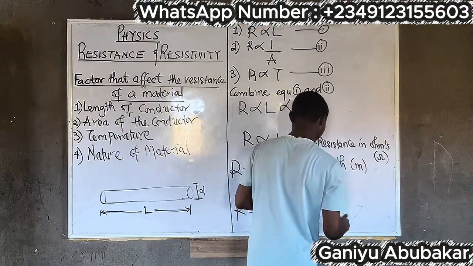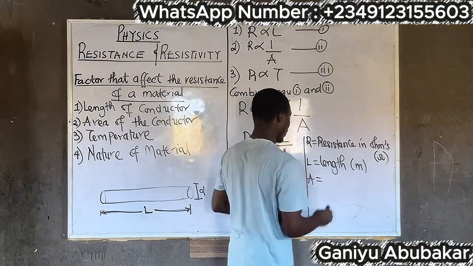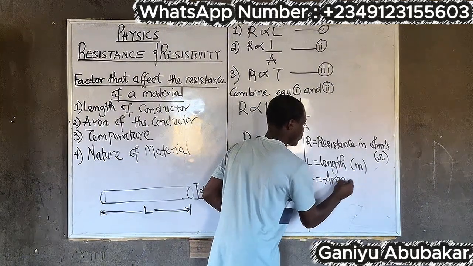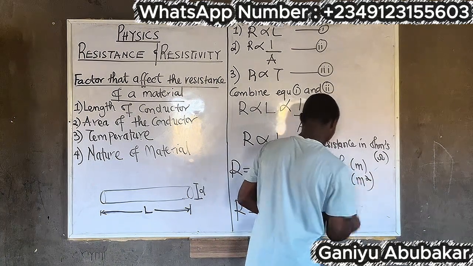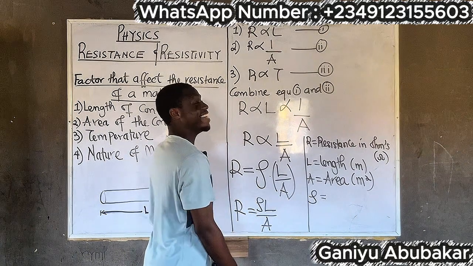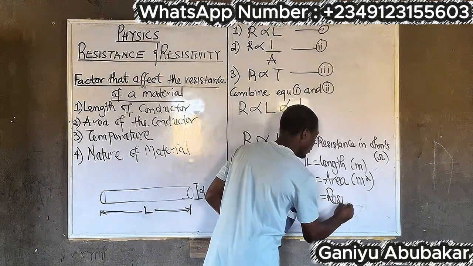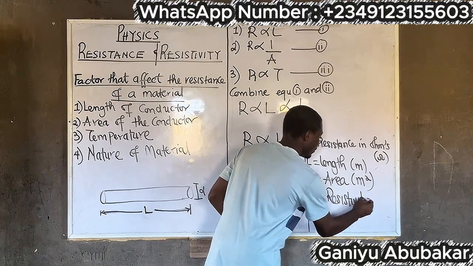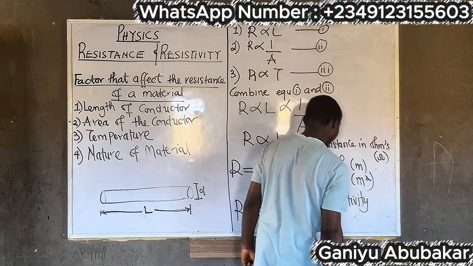We have area. This A is area, of course in meters squared. We have rho. This is called resistivity, and of course, it is measured in ohm meter.